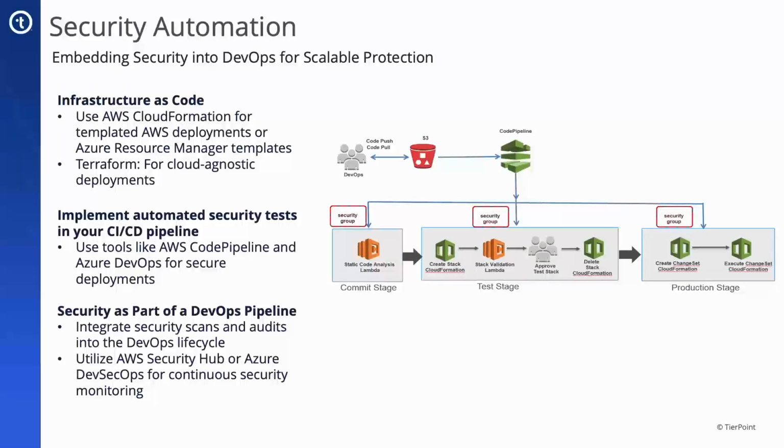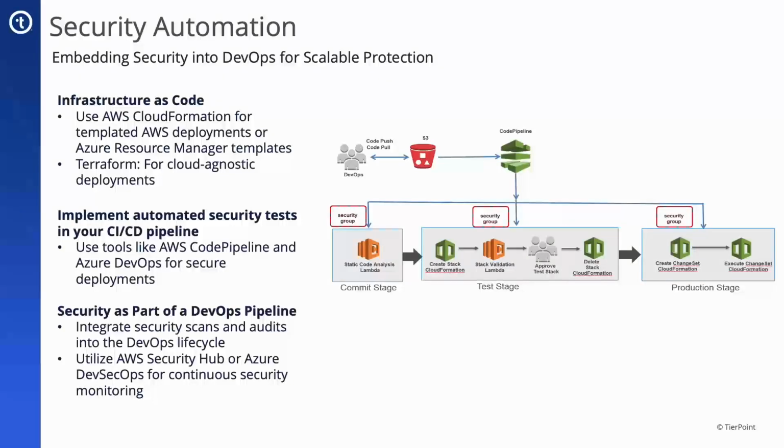If you're using containers, ensure that they are scanned for vulnerabilities. Solutions like AWS ECR or Azure Container Registry offer integrated scanning. Automatically validate that the infrastructure that you're creating follows compliance requirements utilizing services such as AWS Config or Azure Policy.